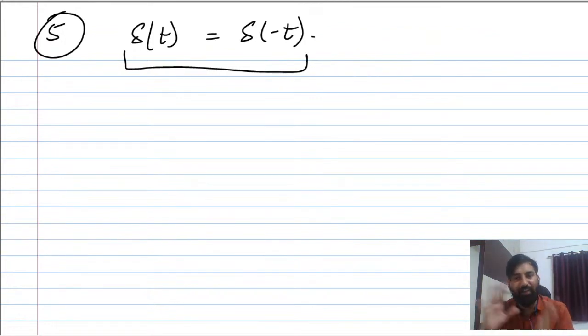If you apply the reflection, if you change t to minus t, the value will be the same always. What is the reason? Because delta of t is always defined at t equal to 0. Though it is not defined because the value itself is infinite, we call it undefined.